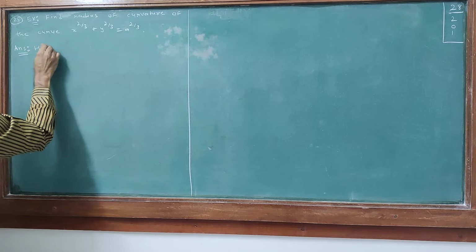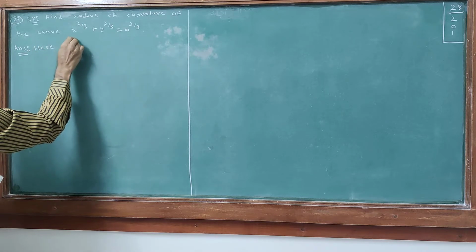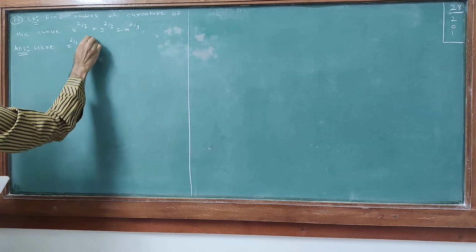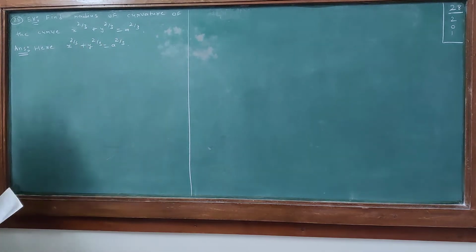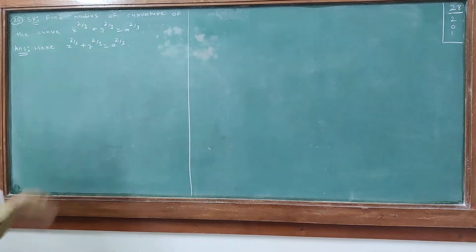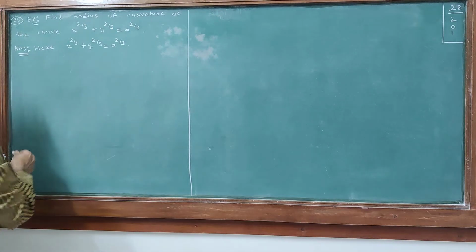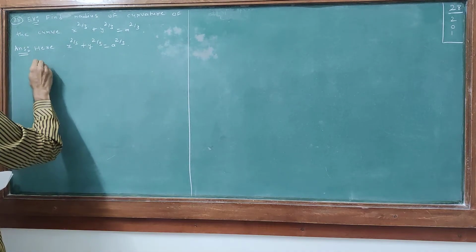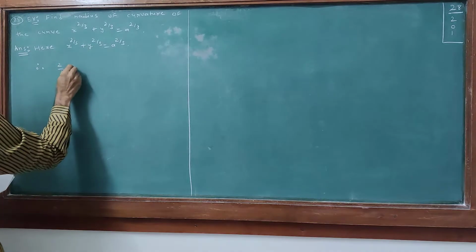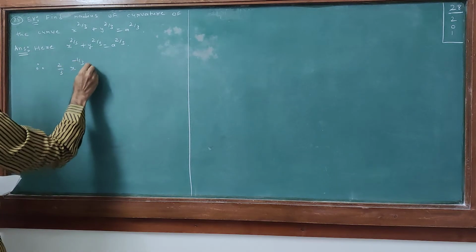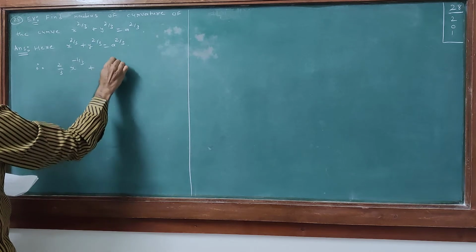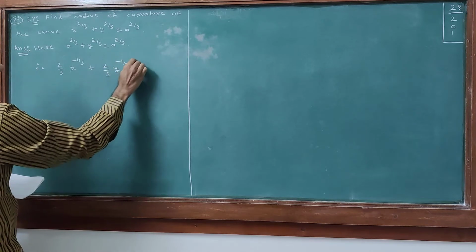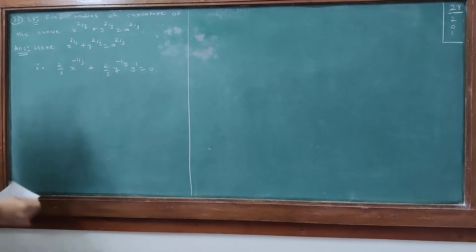Here, now differentiate with respect to x, and therefore 2 by 3 x raised to minus 1 by 3 plus 2 by 3 y raised to minus 1 by 3 y dash equal to 0.